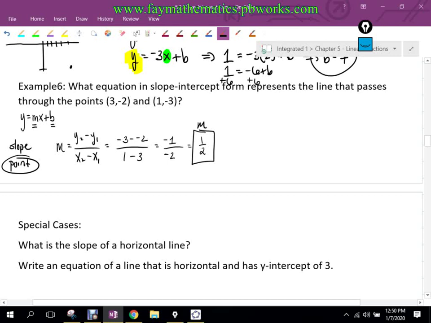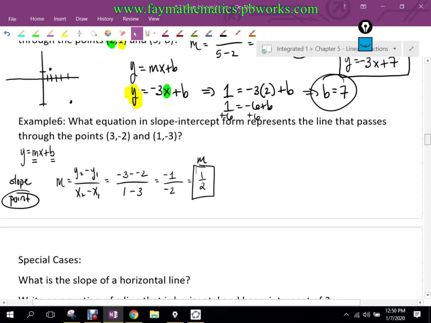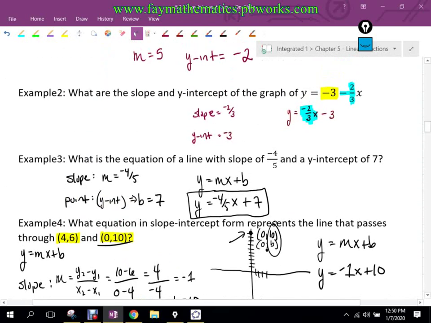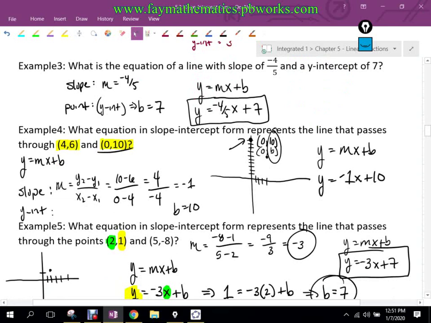Now, to find the y-intercept, we can make an argument about this as we look at the previous examples. In example 3, it told me right here what the y-intercept was. It tells me right there that b is 7. In example 4, it hides it a little bit, but right there, the point (0, 10), if I were to graph that point, it's on the y-axis, so that's the y-intercept.